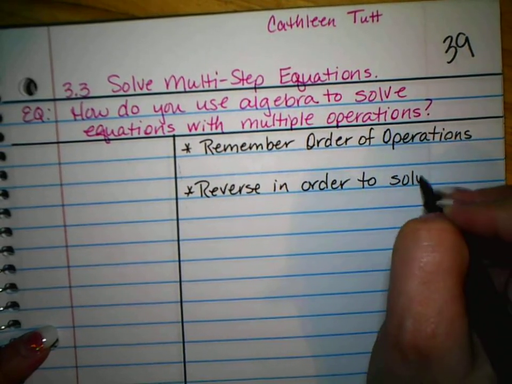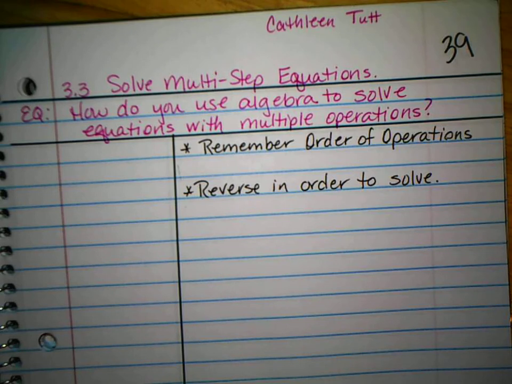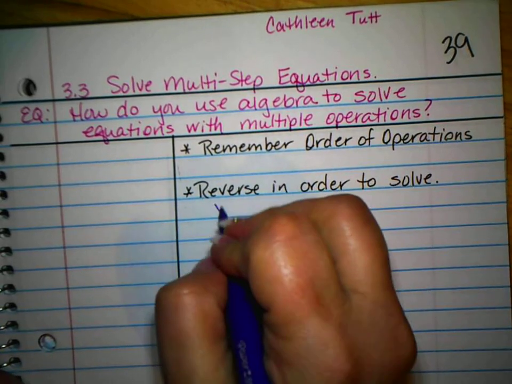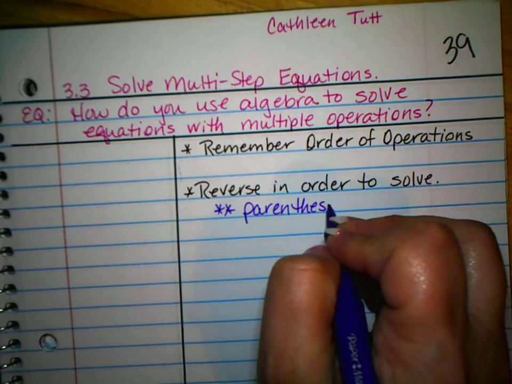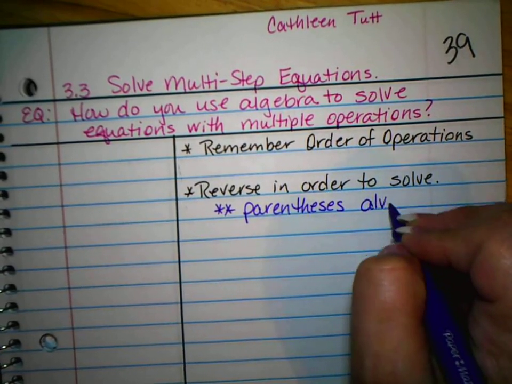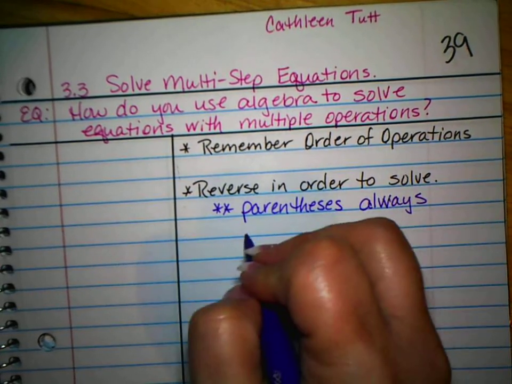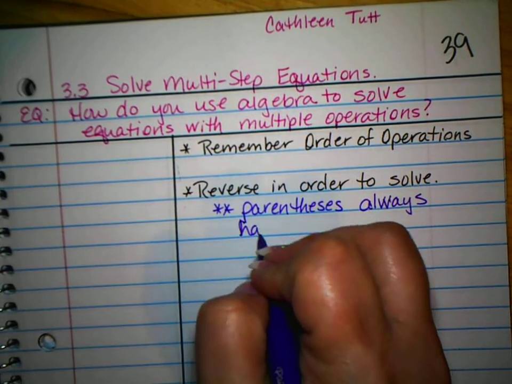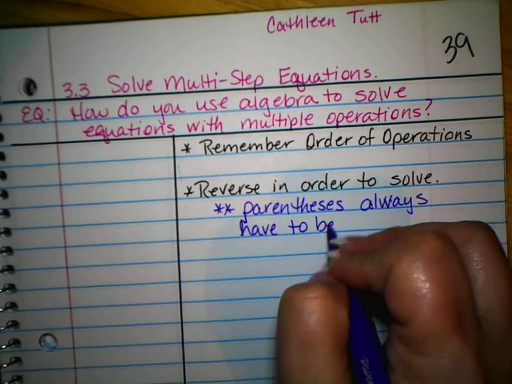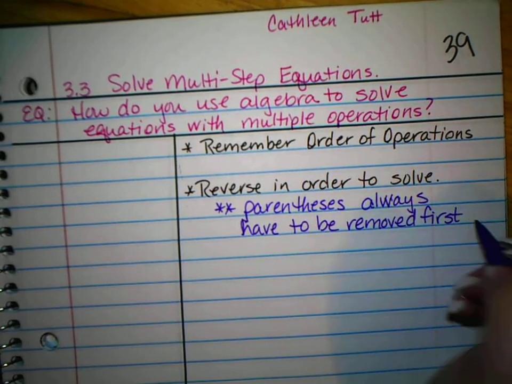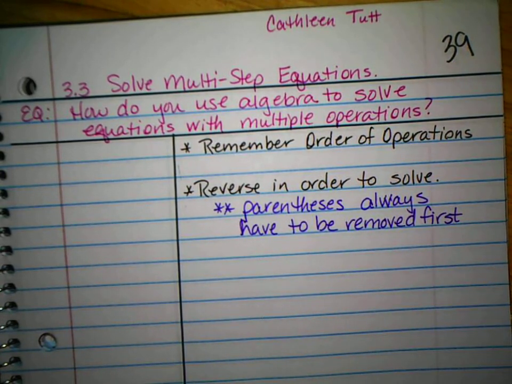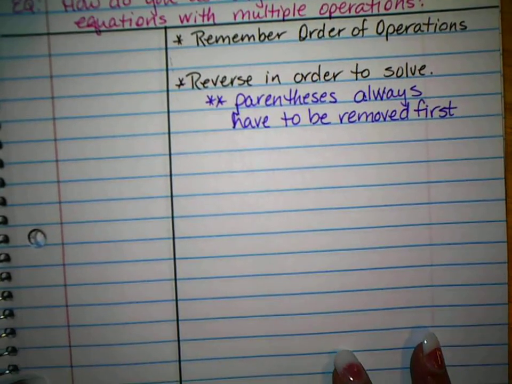The only thing that does not exactly reverse in order is that parentheses always have to be removed first. If there's parentheses in the problem, we really can't do much until we get them gone. So remember that. Okay, here comes example 1.